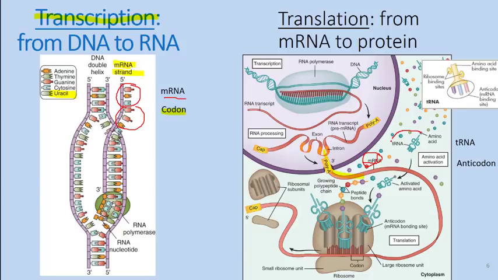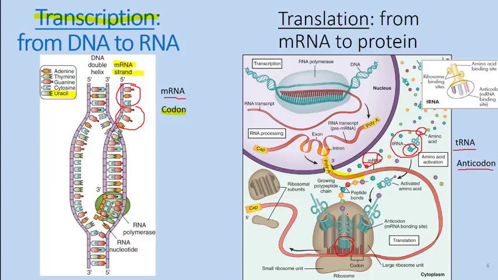tRNA is now involved. And tRNA is going to be bringing a specific amino acid to the ribosome. And it's going to be a specific amino acid that's meant for a particular area of the mRNA. You can also see that tRNA possesses what's called an anticodon, and really it's the anticodon that will match perfectly with the codon at the level of the ribosome, and you can see that happening here.